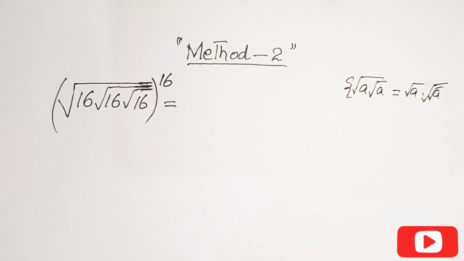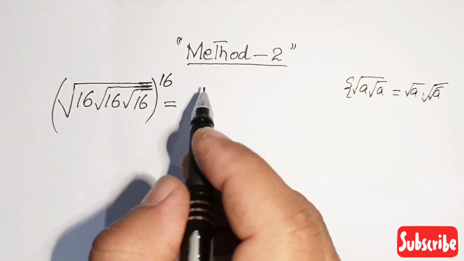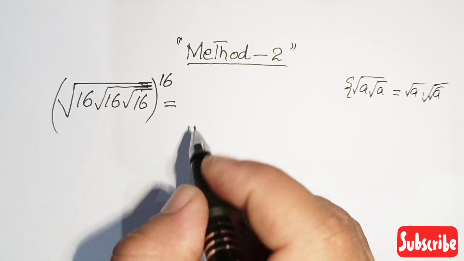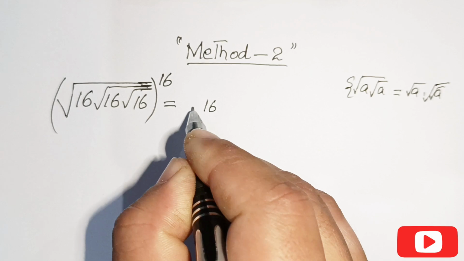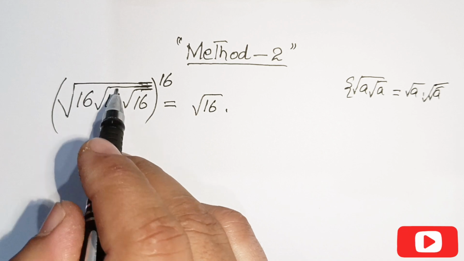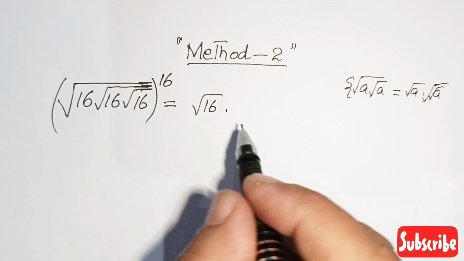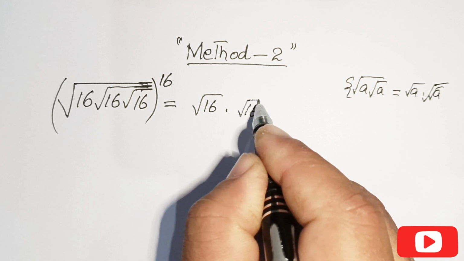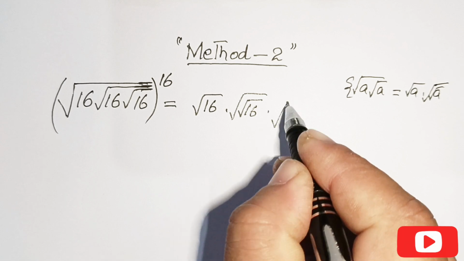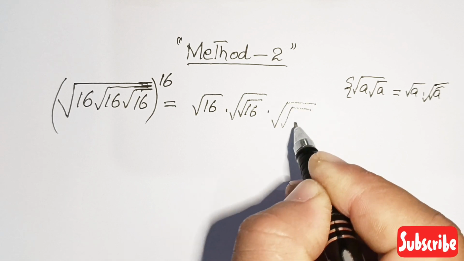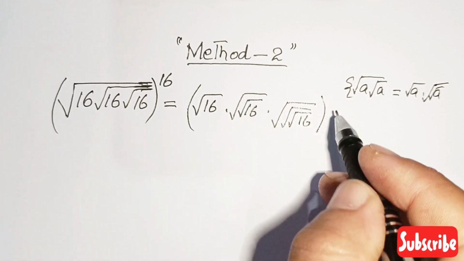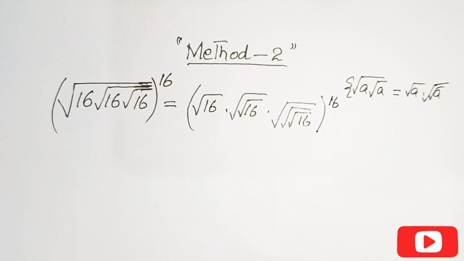So here we write in the first step square root of 16 times, here the second 16 actually has two square roots, so we write square root of 16 and again square root of 16, and so on, whole to the power 16.